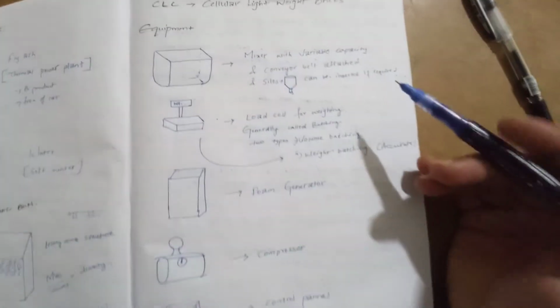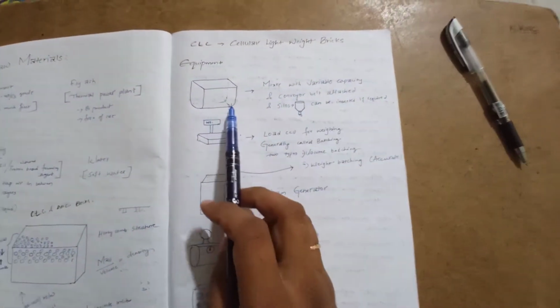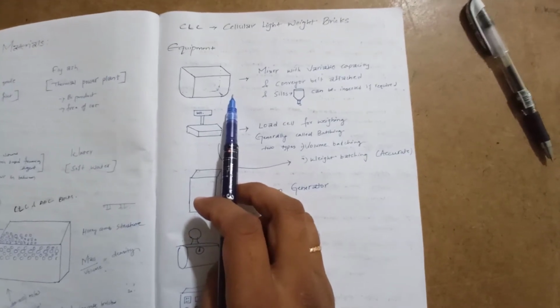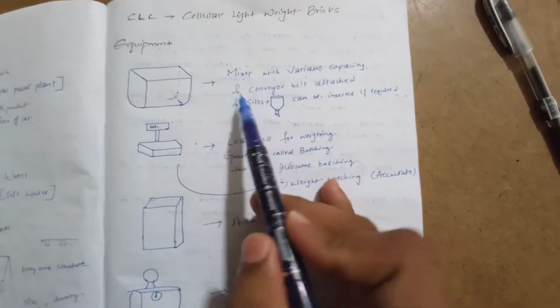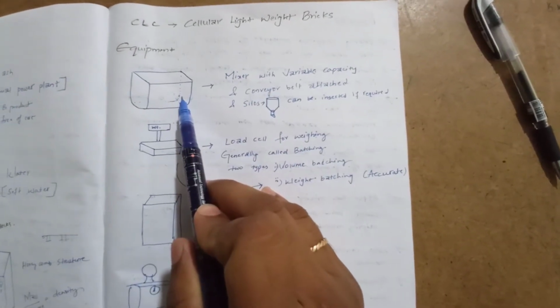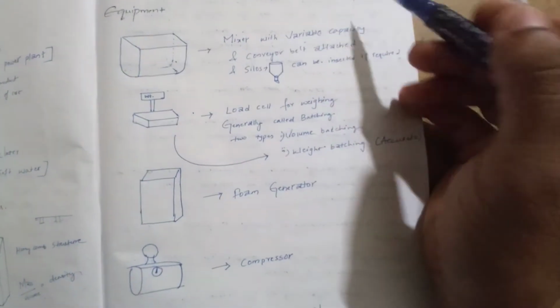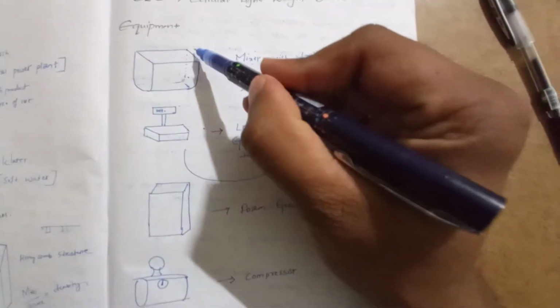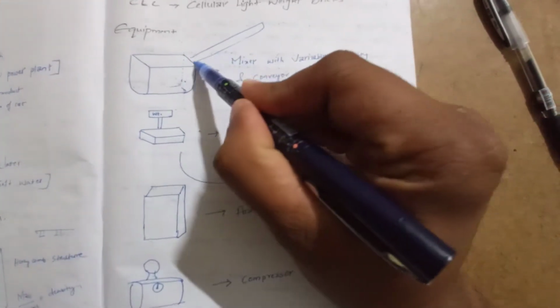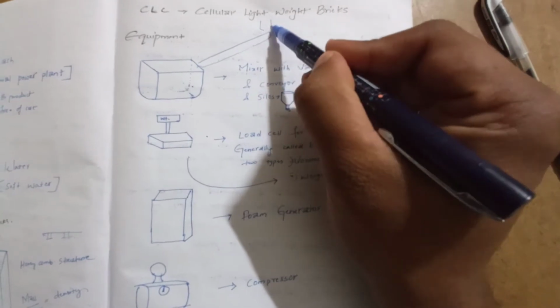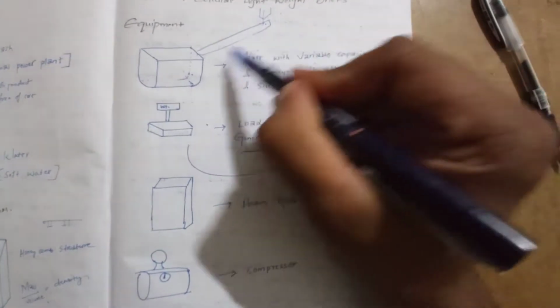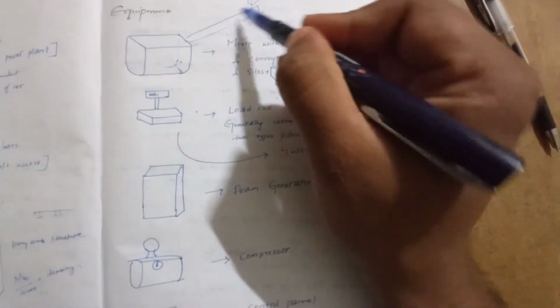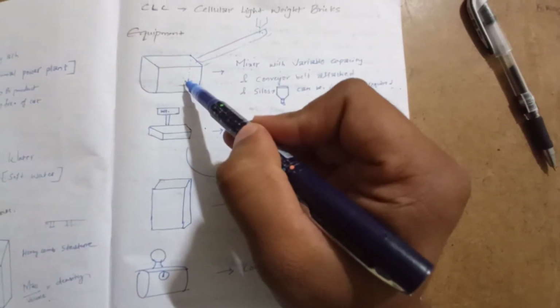Coming to the equipment we use, this is a mixer. The mixer comes with variable capacities, and a conveyor belt is attached to the mixer, and some silos will be arranged such that, if this is the conveyor belt, some fly ash will be coming through this, and some cement will be coming through another conveyor belt, and they will be deposited in this mixer.